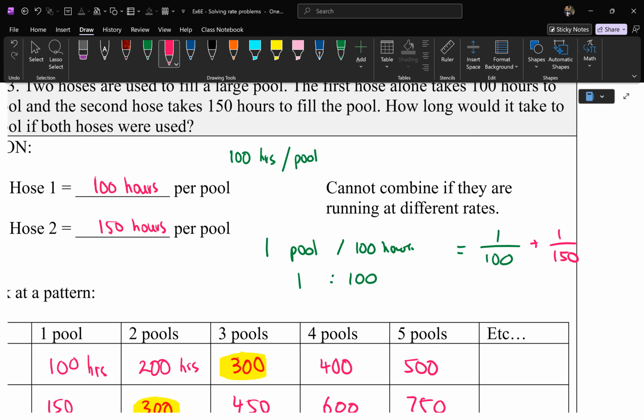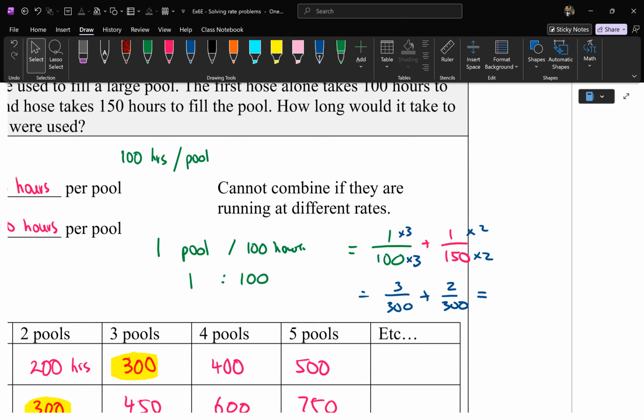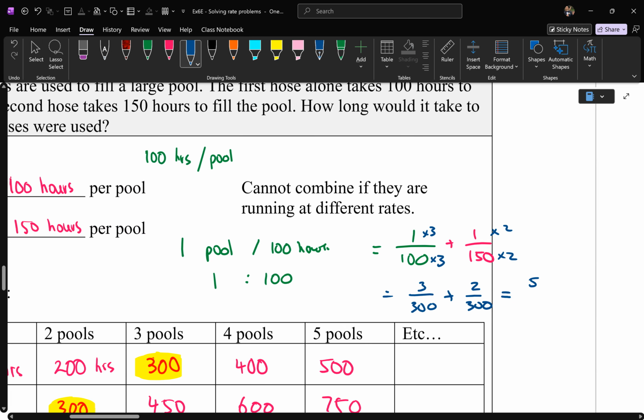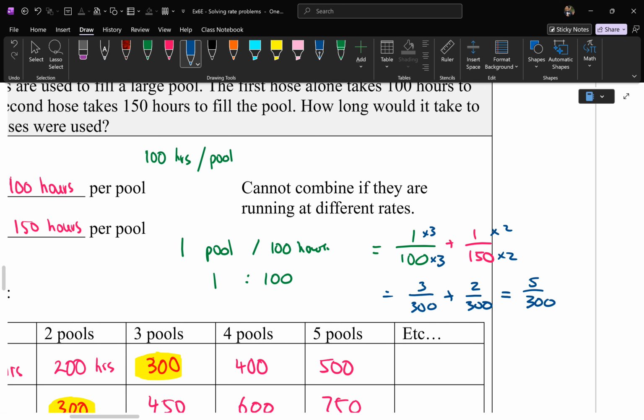So 100 and 150, I knew times this by 3, times this by 3, you get 3 over 300. Plus, times this by 2, you get the 300. Times this by 2, and you get 2 over 300. Now you can add the fractions. Fractions together becomes 3 plus 2, which is 5 over 300. And the meaning is 5 pools for every 300 hours.